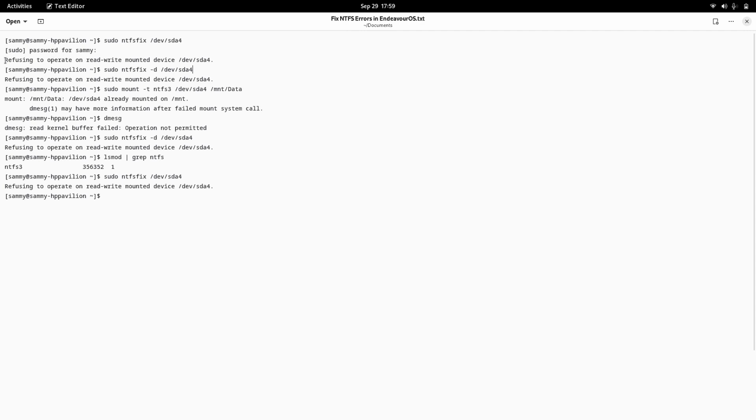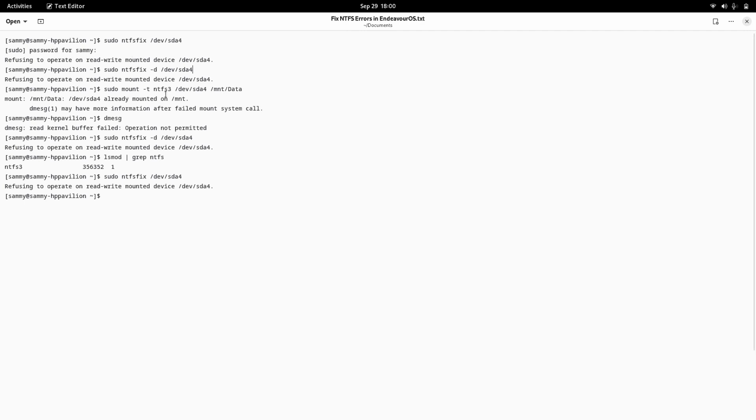Here it is telling me refusing to operate on a read-write mounted device. The fstab entry of that partition shows it is a read-write partition. So the present user can read and write on this partition, but the system is not able to operate on that mounted device.